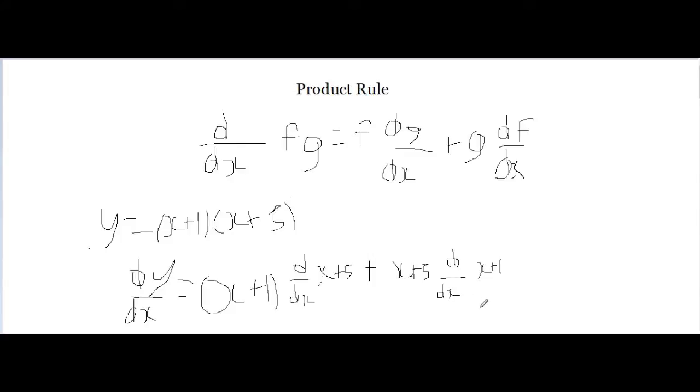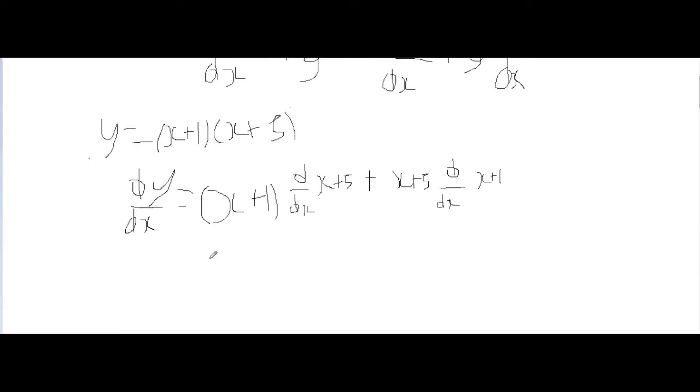Now, of course, the derivative of x plus 5 is 1, and the derivative of x plus 1 is also 1.